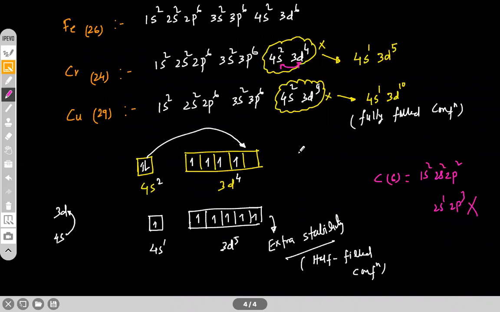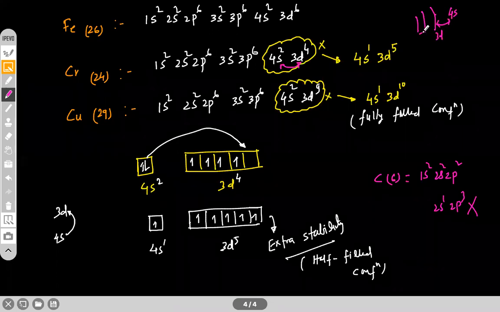See, actually, we have the 3s orbital, then the 3p orbital, then the 3d orbital, and then we have 4s after this. So this transition is possible, 3d and 4s. But between s and p, the energy gap is high. It's a factual thing, and hence the transition is not possible.